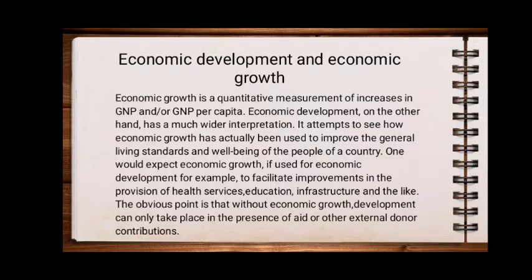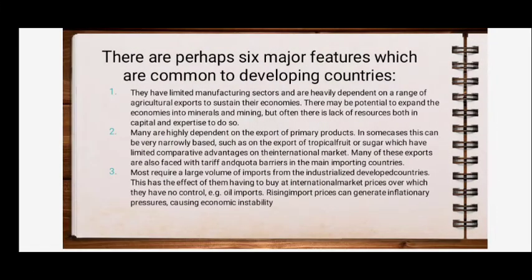internal donor contribution. Alright, there are perhaps six major features which are common to developing countries. The first, they have a limited manufacturing sector and are heavily dependent on a range of agricultural exports to sustain their economies. There might be potential to expand the economies into the minerals sector, but often there is a lack of research, both in capital and expertise, to do so.